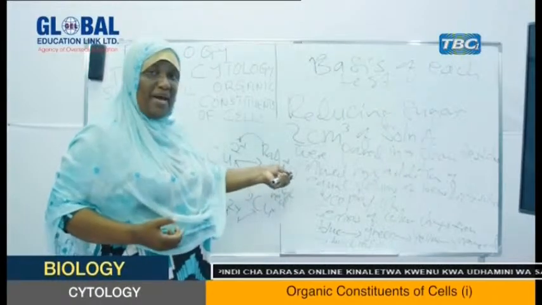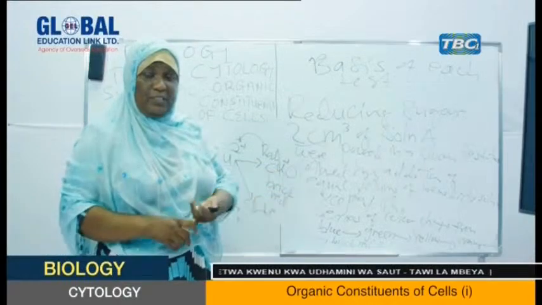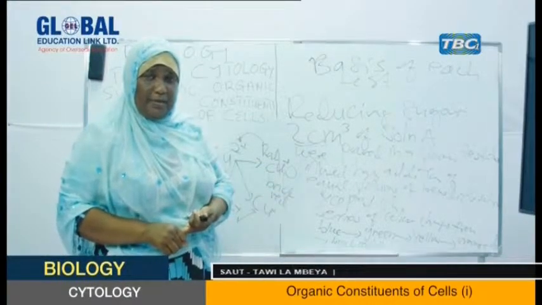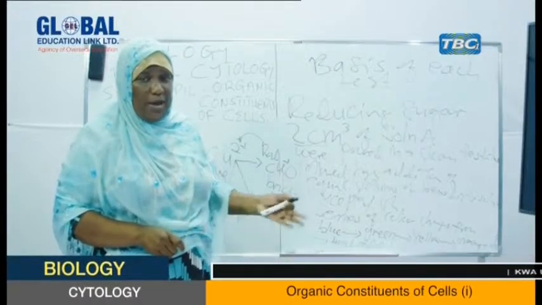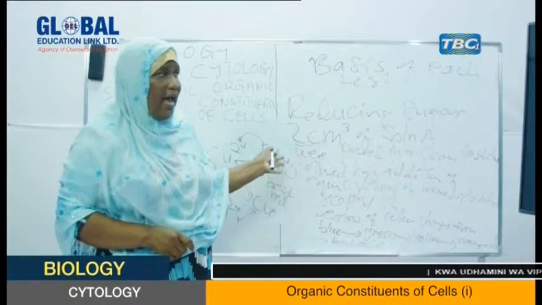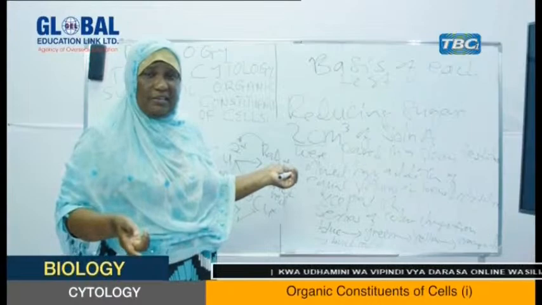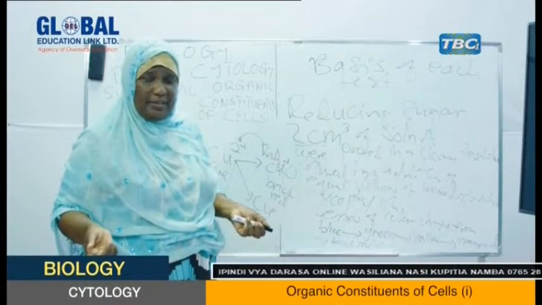For this time, I managed to discuss with you only 2 bases: bases for starch and bases for reducing sugar. In the next presentation, I will continue from where I ended. I will continue with non-reducing sugar, then protein up to lipids.